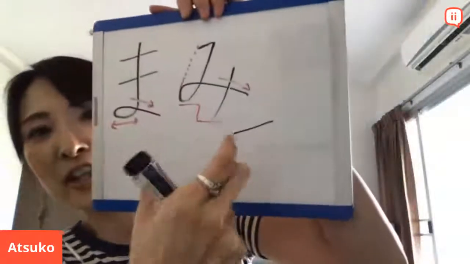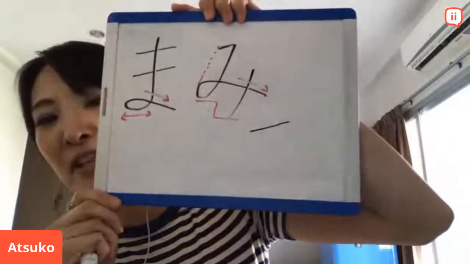Next is mu, from ma, mi, mu, me, mo. The first stroke is very short and on the left side. Left side. Okay.